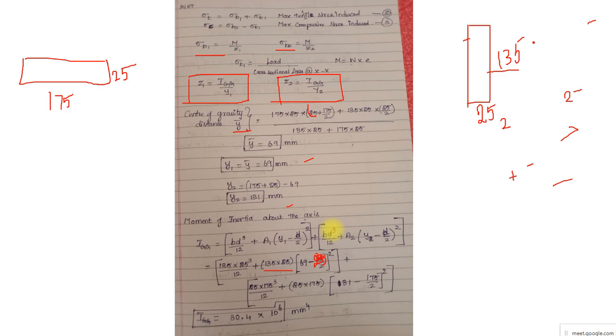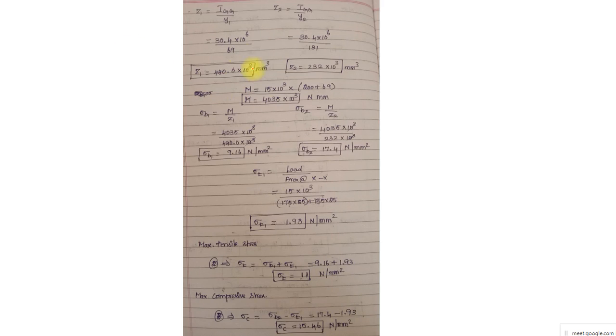Okay, so I want to continue here. If I want to continue, I need to find out the Z1 value. For the Z1 value, I had written the formula earlier: moment of inertia by Y1. The formula for Z2 is moment of inertia by Y2. Now I know Z1 and Z2 because I know the moment of inertia value and the values of Y1 and Y2.